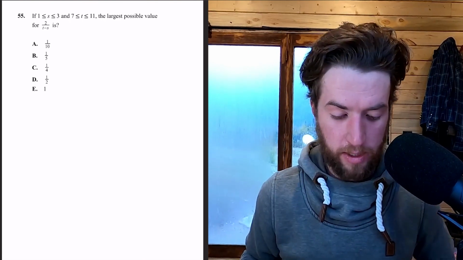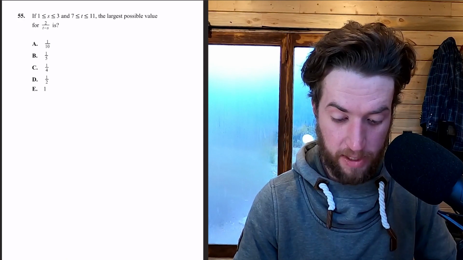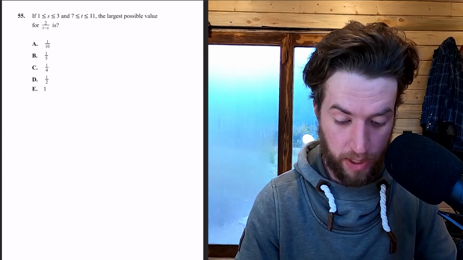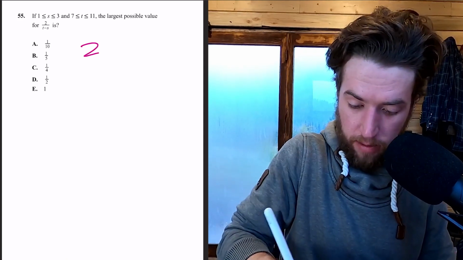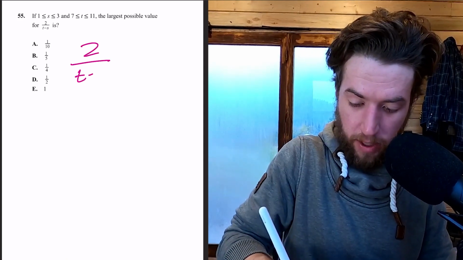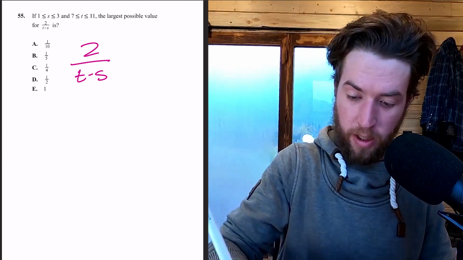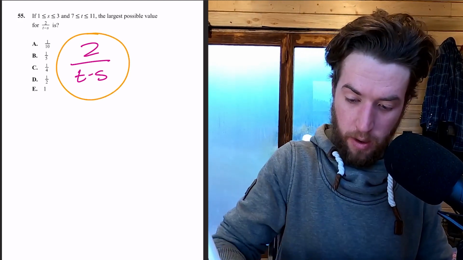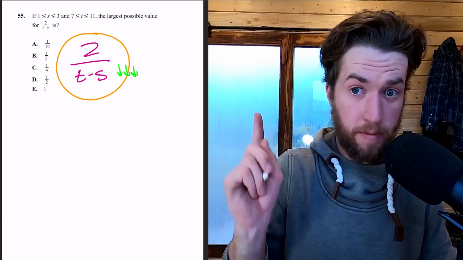Okay, if 1 is less than or equal to s, which is less than or equal to 3, and 7 is less than or equal to t, which is less than or equal to 11, the largest possible value for that, okay, a little optimization problem. This is a little calculus, but we're not going to do calculus. All we know is to get the largest possible value here, we want the bottom to be the smallest possible positive value we can make.